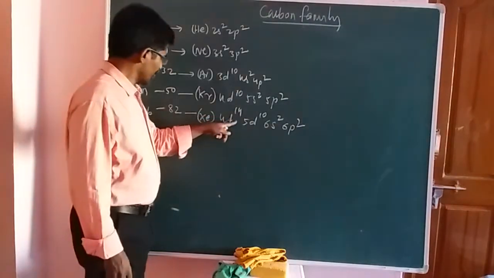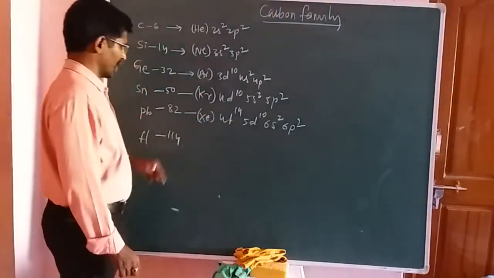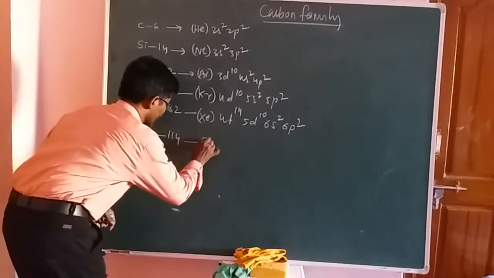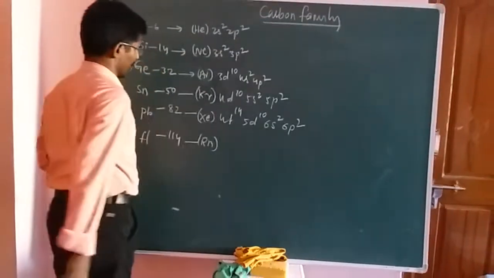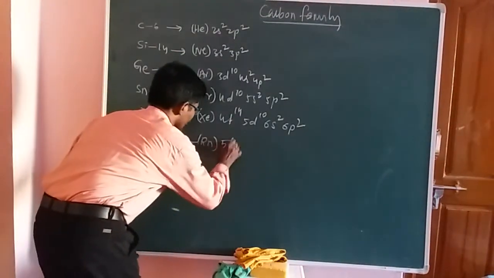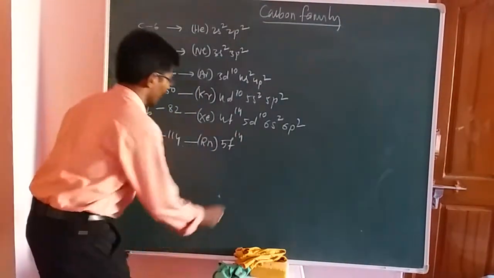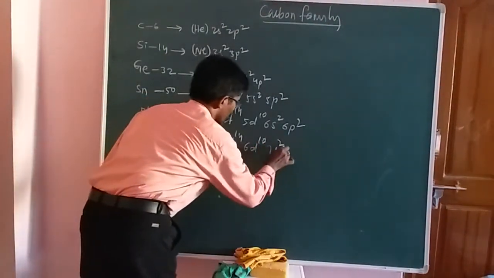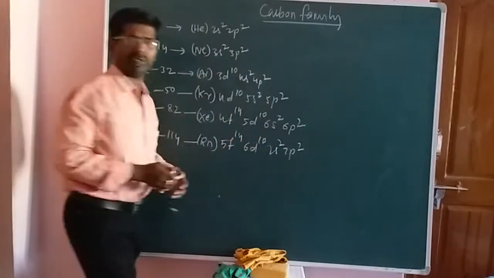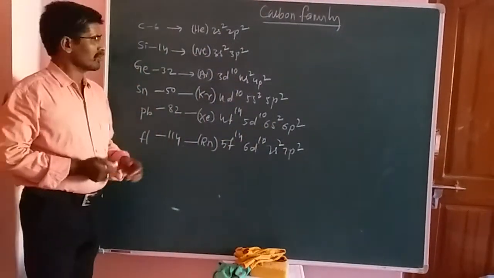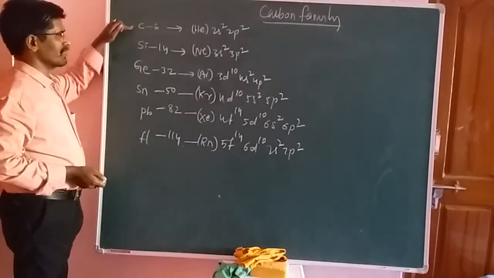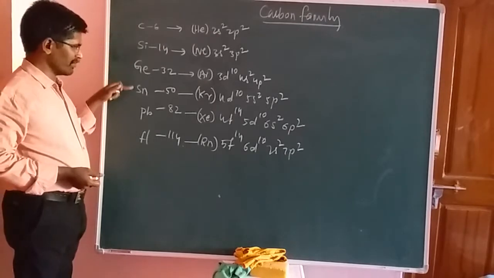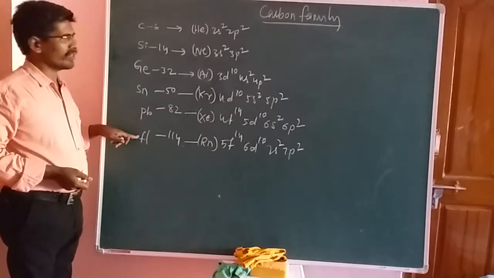And last one is the radon element. Now its configuration is 5f14, and the next one is the 6d10 7s2, and next one is the 7p2 configuration. Okay, now elements carbon, silicon, germanium, tin, lead, flerovium.